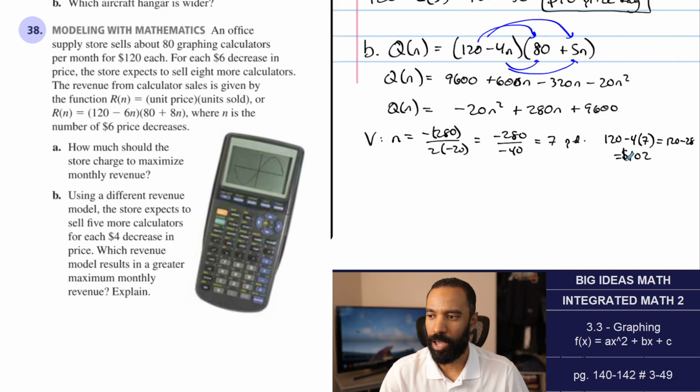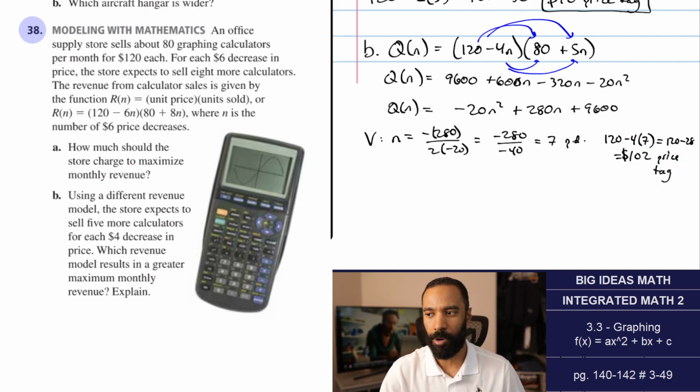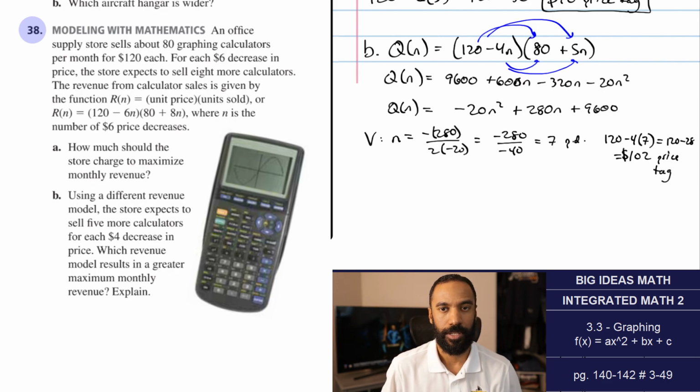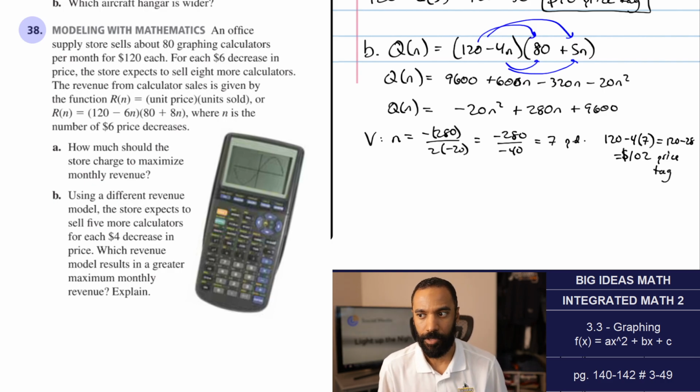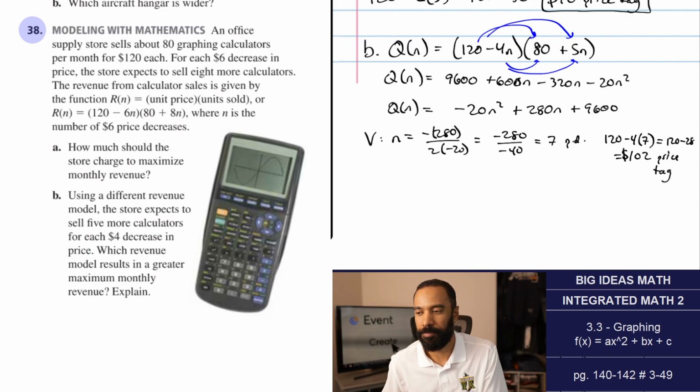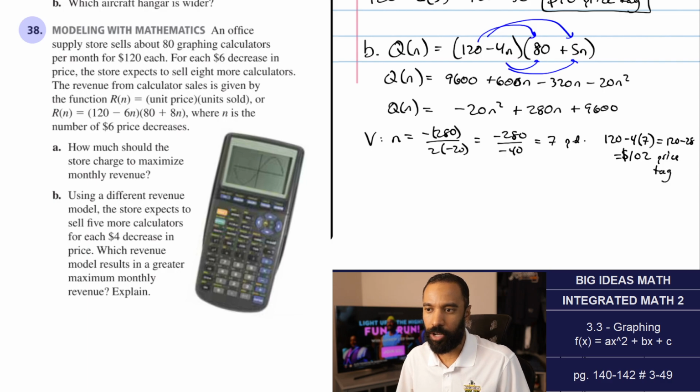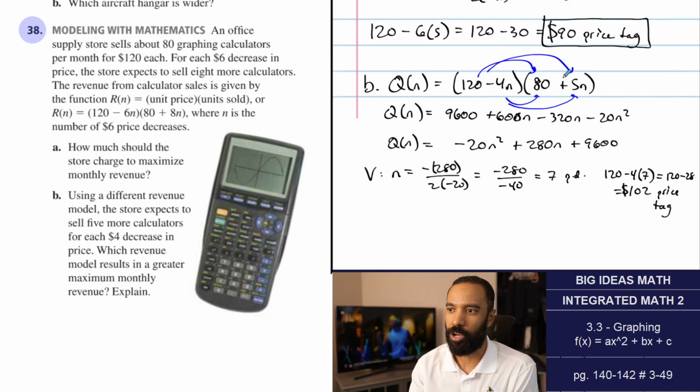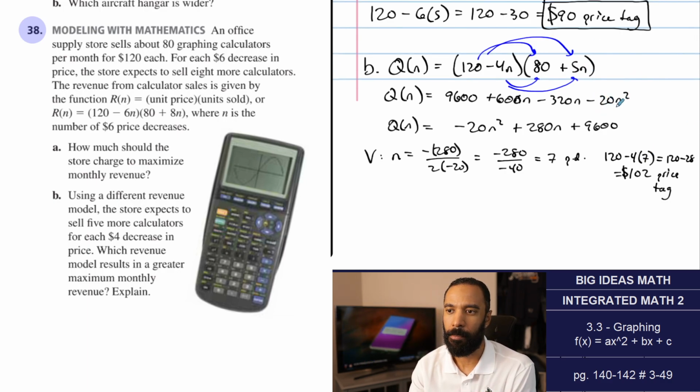They're setting a $102 price tag. That does not mean they will make more money, because you only get less customers or whatever, less sales. So we have to compare the $102 price tag to the $90 price tag for their own respective models.